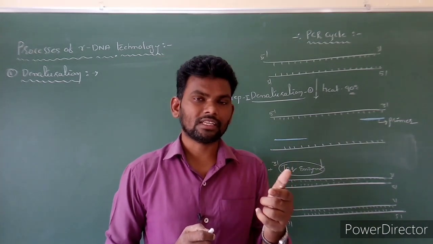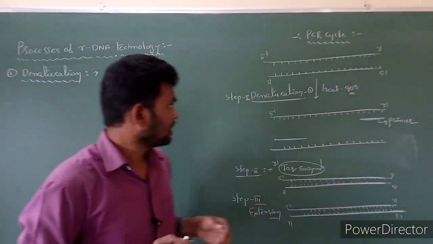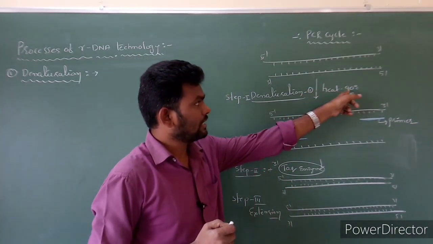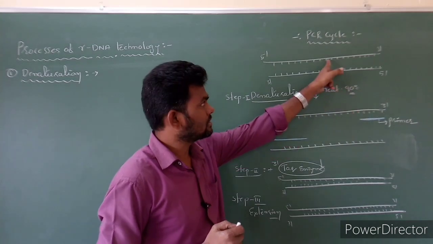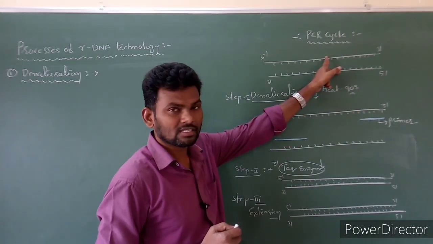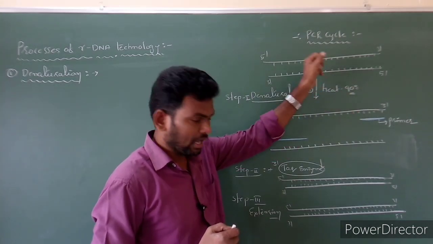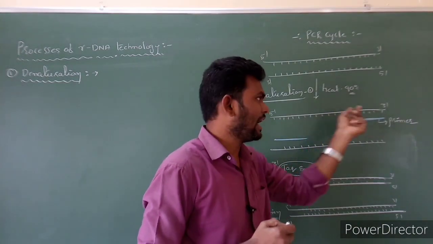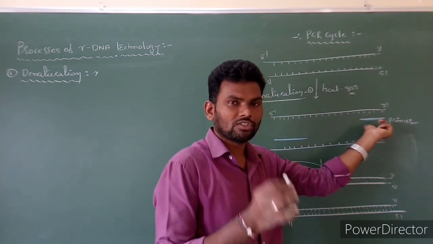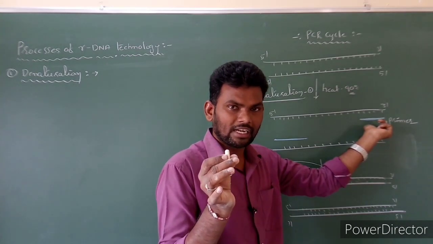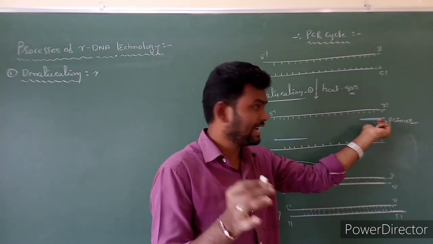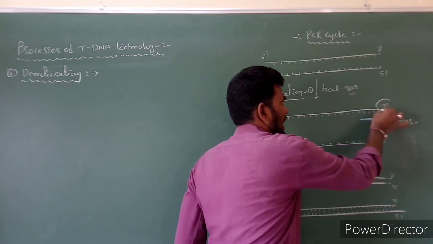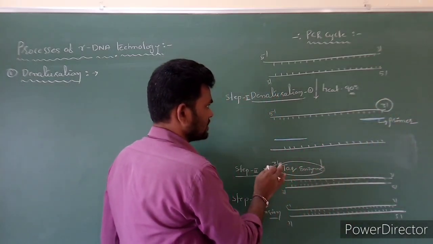And the second one is annealing. First we use nearly 90 degrees Celsius, and the double stranded DNA becomes single stranded. The next step, after it becomes single strand, is adding primer, one short DNA nucleotide sequence, always at the 3' strand.